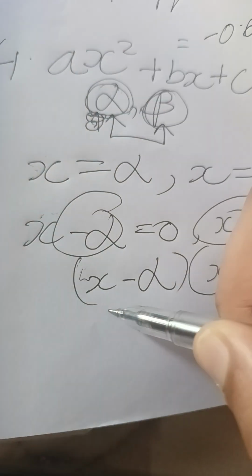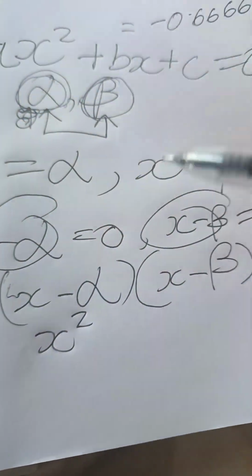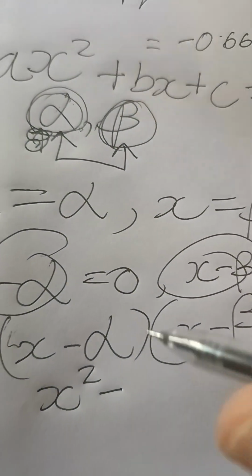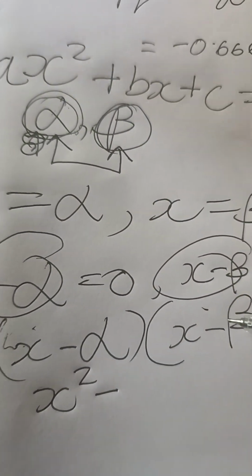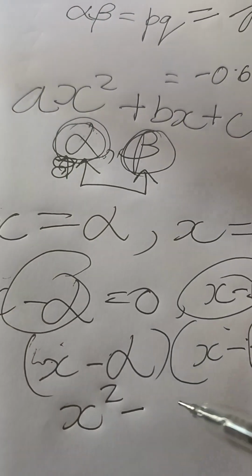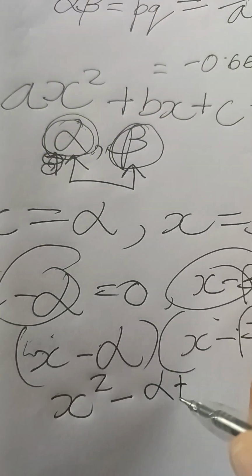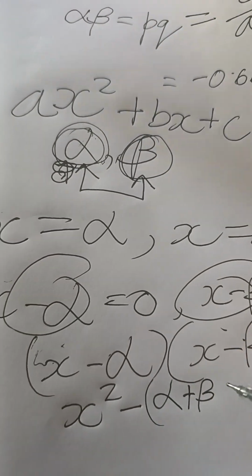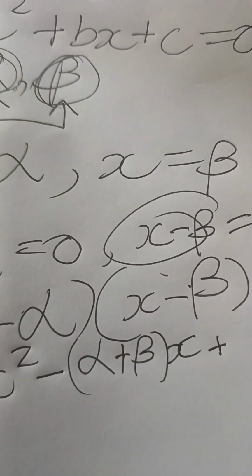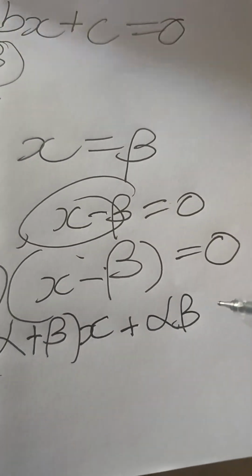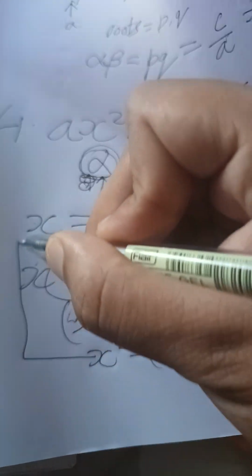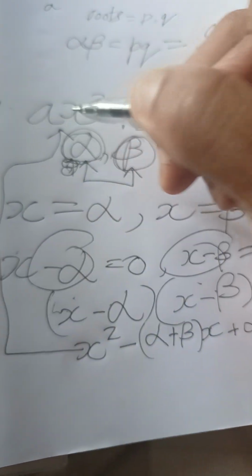And that is x square, x into minus beta, minus alpha plus beta x, plus alpha beta is equal to 0. So this is actually equal to that.